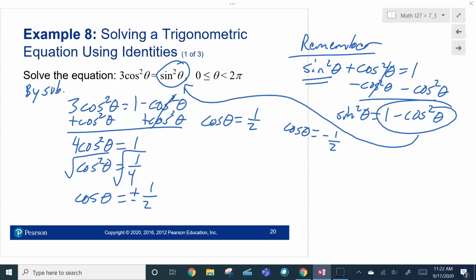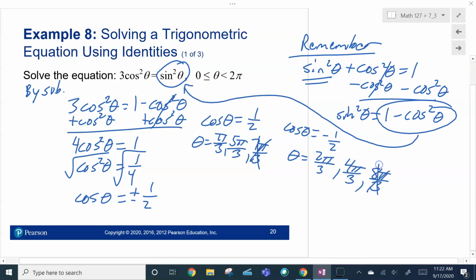So for cosine theta being a half, we got theta could be pi thirds, it could be 5 pi thirds, it could be 7 pi thirds. Whoops, that's too big, right? If we kept going with that. Where's the cosine of theta equal negative a half? We know on our unit circle that could be 2 pi thirds, 4 pi thirds, 8 pi thirds.